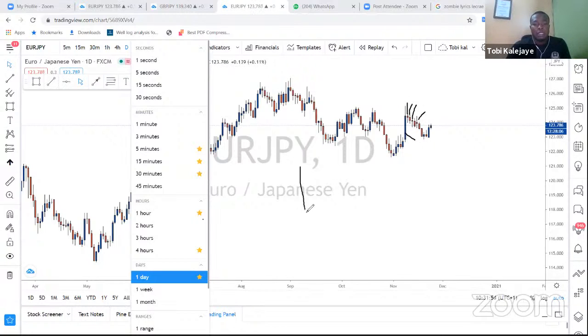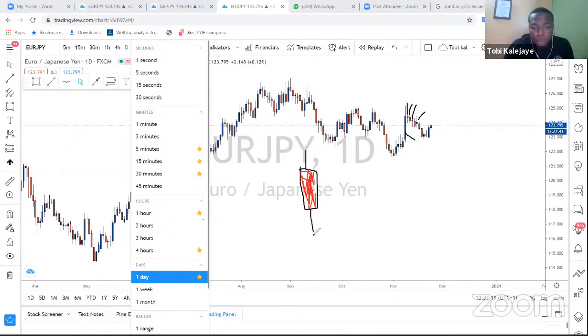Now, understand this, please. If you are considering a candlestick like this, let's assume this is a candle, so this is a bear candle for example. Bear candles are telling you that price is going down.